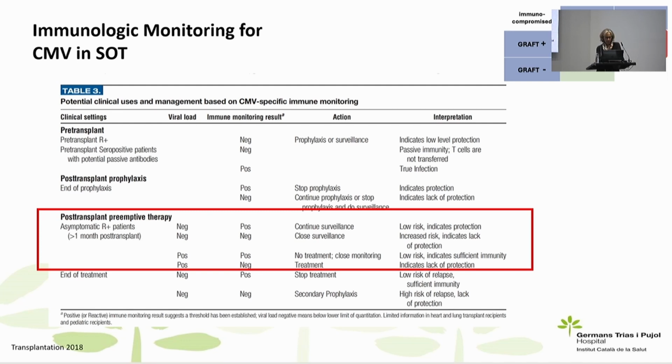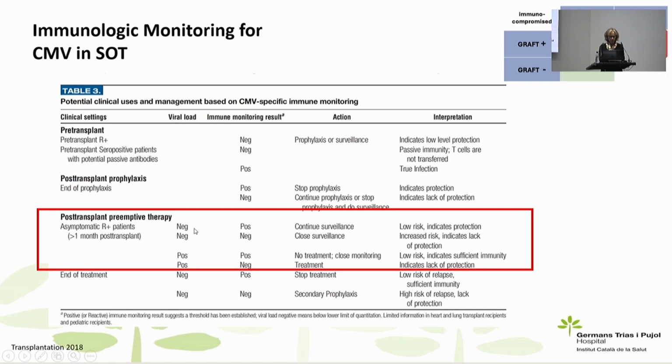Then we can have some combinations. If the viral load is negative and the CMI is positive, that means no infection and the patient is protected. So no risk. We can be relaxed and keep monitoring the patient, but no problem with the CMV.